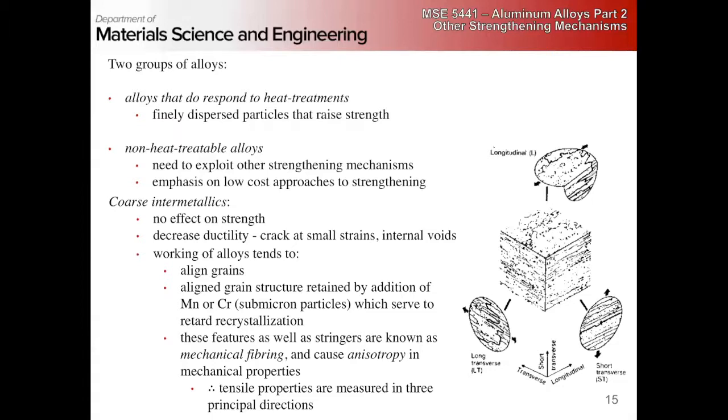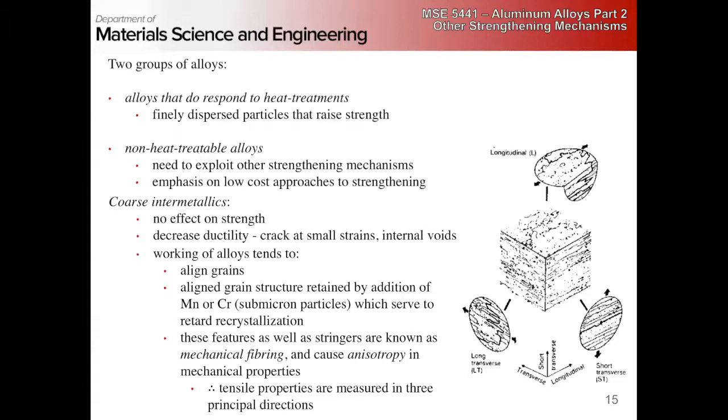Now, if you have precipitates that have already formed on the grain boundaries and you roll them, that's going to naturally cause them to be aligned on the grain boundaries, but they're also going to get farther apart, right, due to the rolling and the stretching.